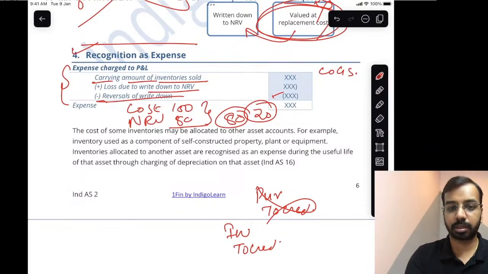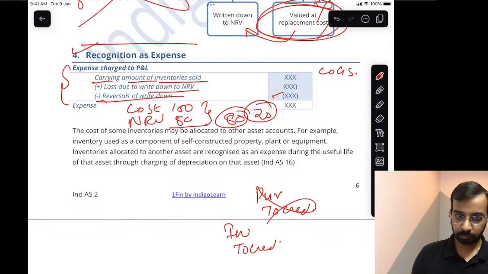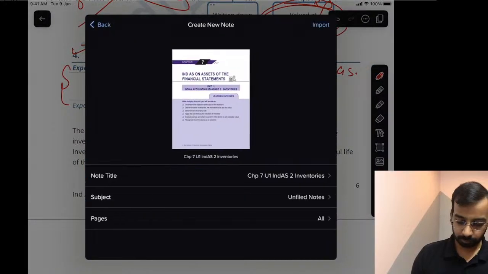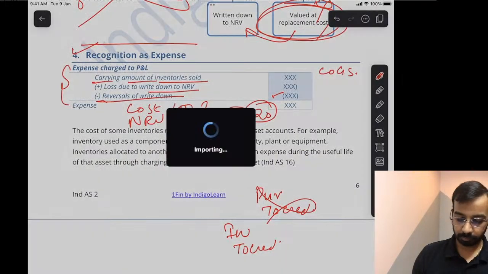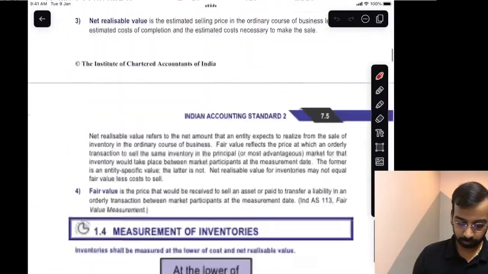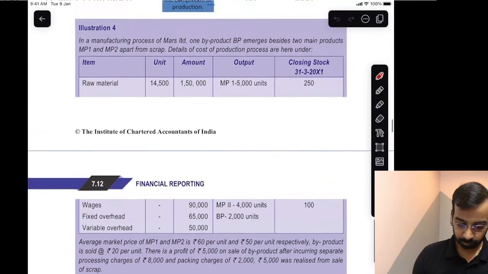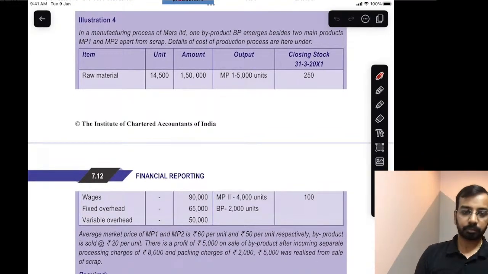Let's look at some questions from the study material. In a manufacturing process of Mass Limited, one byproduct VP emerges besides two main products MP1 and MP2.